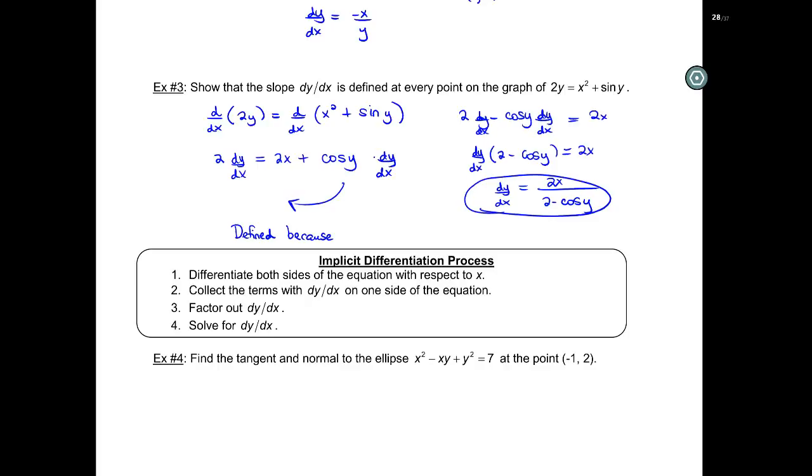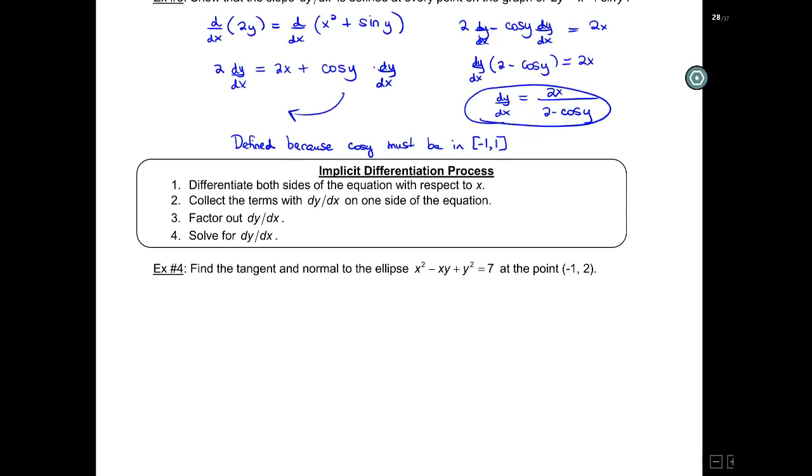Stays between -1 and 1. Right? So cosine of y must be in this range from -1 to 1. So will you ever get 0 in the denominator? No, it's impossible. Cosine of y could never be equal to 2. It can only be in values between -1 and 1.